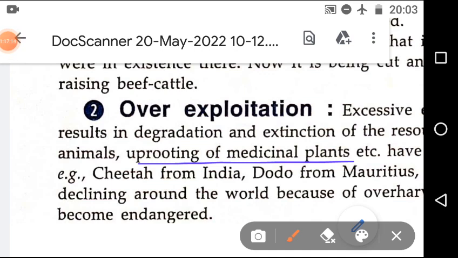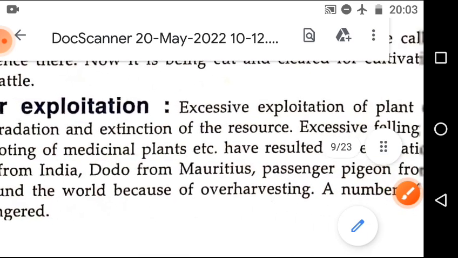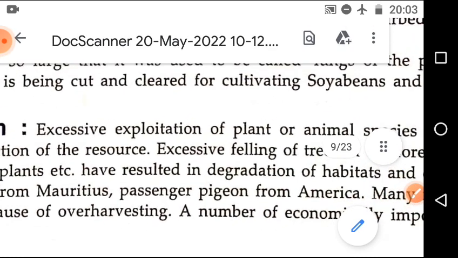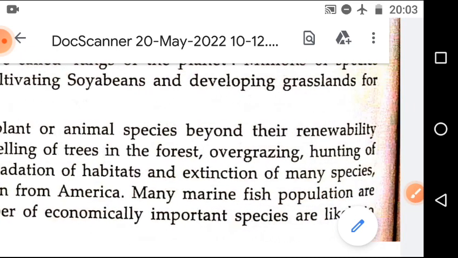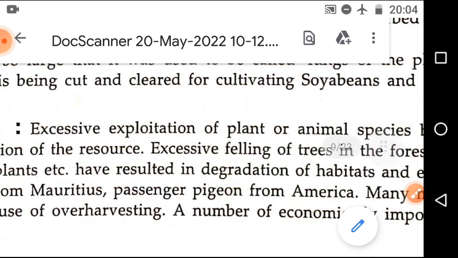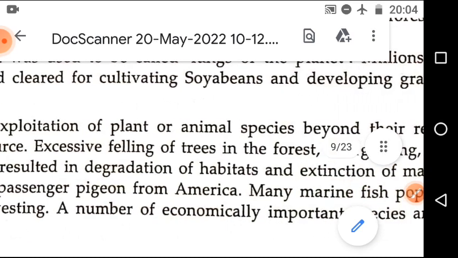We are uprooting the medicinal plants but we are not planting them, so that they can grow in huge amounts and we can harvest them. These are the causes that have resulted in degradation of habitats and extinction of many species. Due to too much exploitation of these resources for our own benefit and profit, we are degrading their habitats, and at the same time making species endangered and extinct.